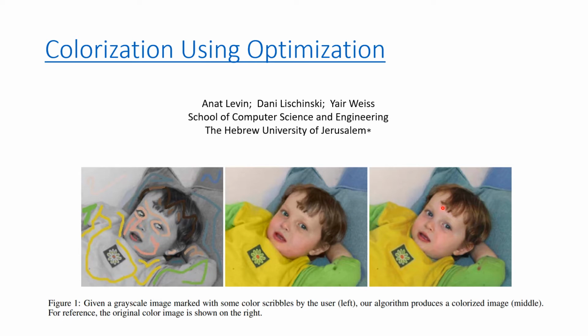But if we analyze these images deeply, we can find some false colors and some artifacts as well. First of all, let's see this region here. If we compare this spot with the reference image, it's not correct, because in the input we have this green color scribble here, and we can see this dot faintly here.